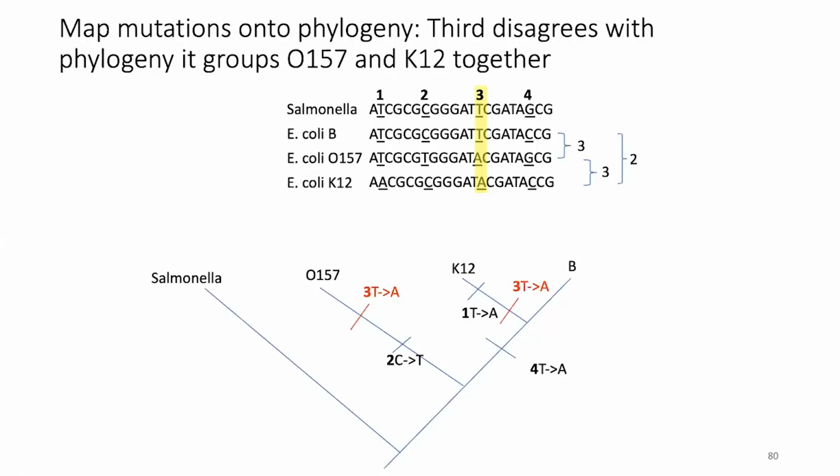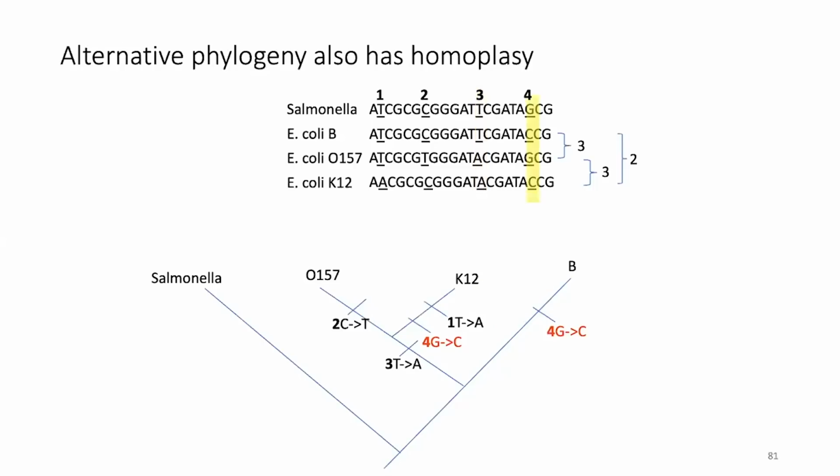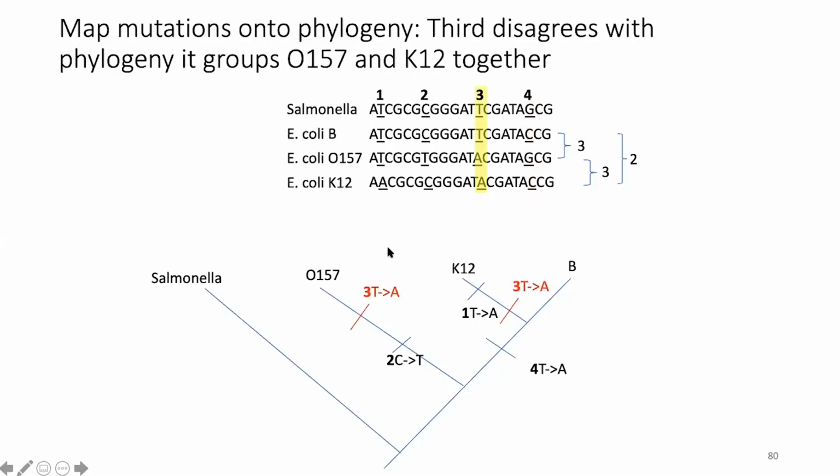And so then that makes us question our structure, and so we can begin to explore other structures of this phylogeny. And so what we explore is that site number 3 tells us that actually maybe K12 and O157 cluster together, and that B is more divergent from those two strains.